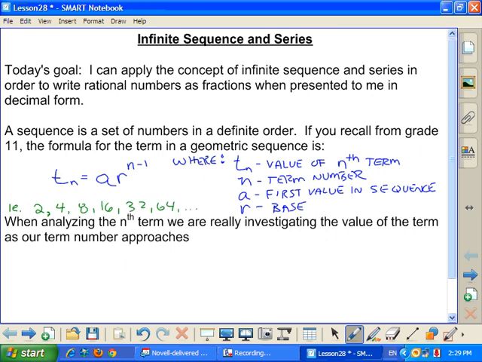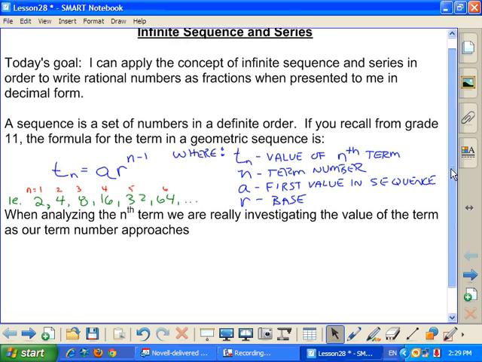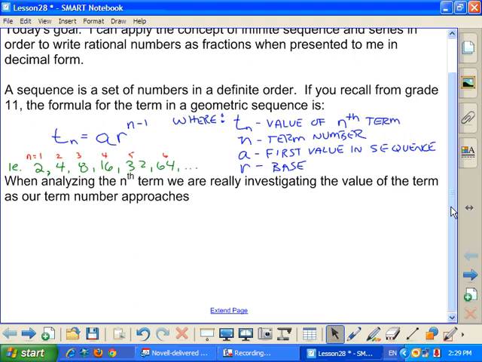All right, so then you would have n equals 1, 2, 3, 4, 5, 6. So if I asked for T6, you'd be looking for 64. If I was asking for T4, you'd be looking for 16. All right, so that's the very quick review of geometric sequence or series here.